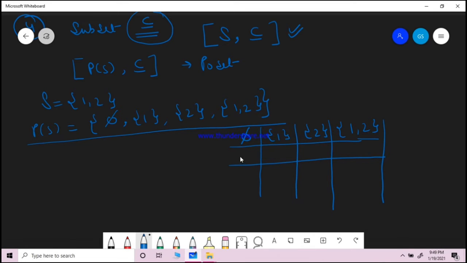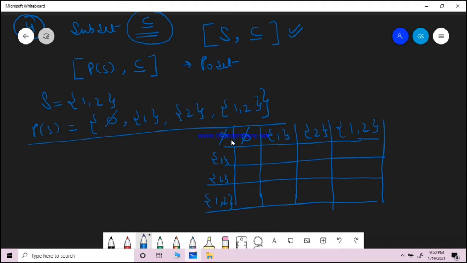Suppose I'm writing phi here, 1, this is 2, and this is again {1, 2}. This is very simple now, and you can write it down. You just have to tell the relation between these two: either they are connected or they are not connected.